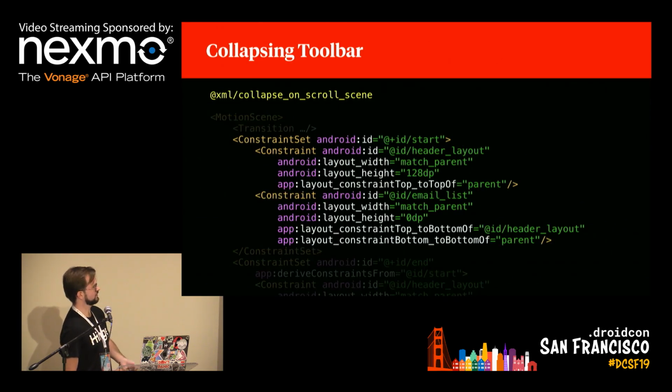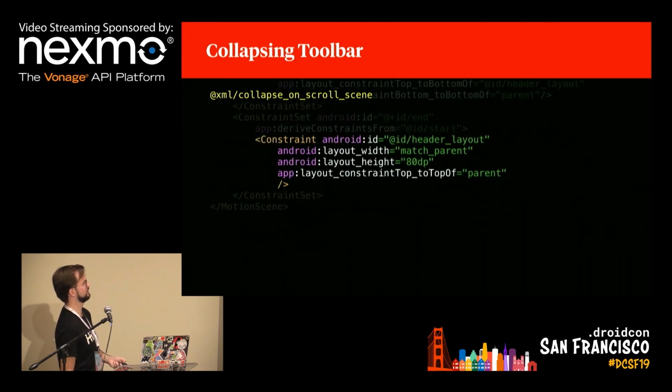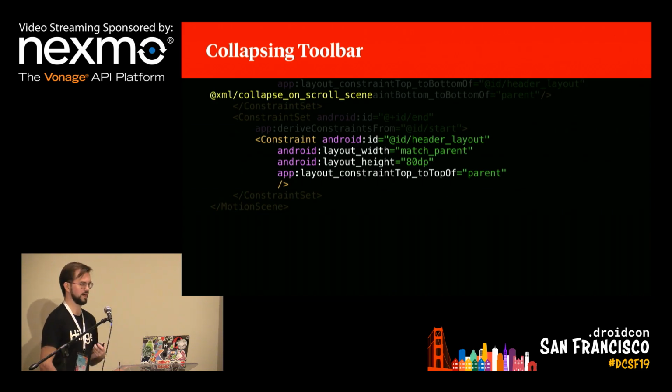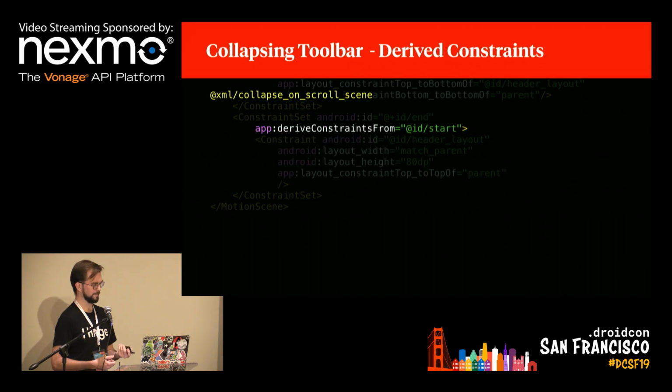And what I actually wanted to point out is how the constraints for start and end work in this. So the header itself just has a fixed height, and RecyclerView has normal constraints. But in the end constraint, I don't have any constraint for the RecyclerView. And the reason for that is this little thing called derive constraints from.